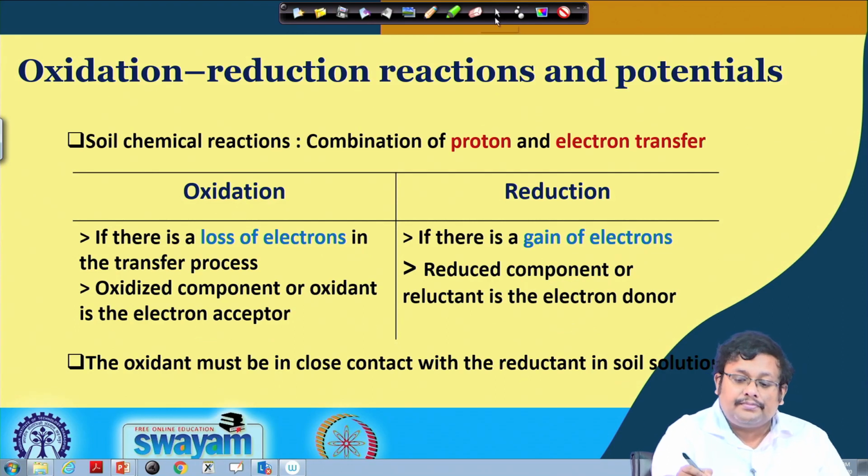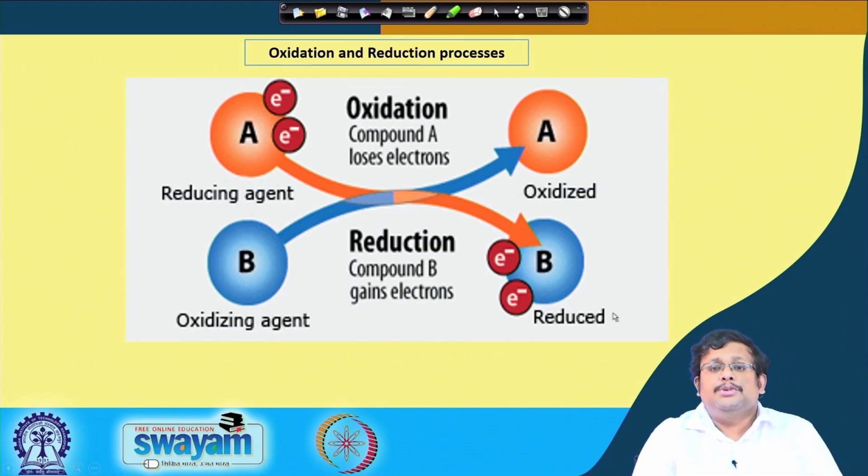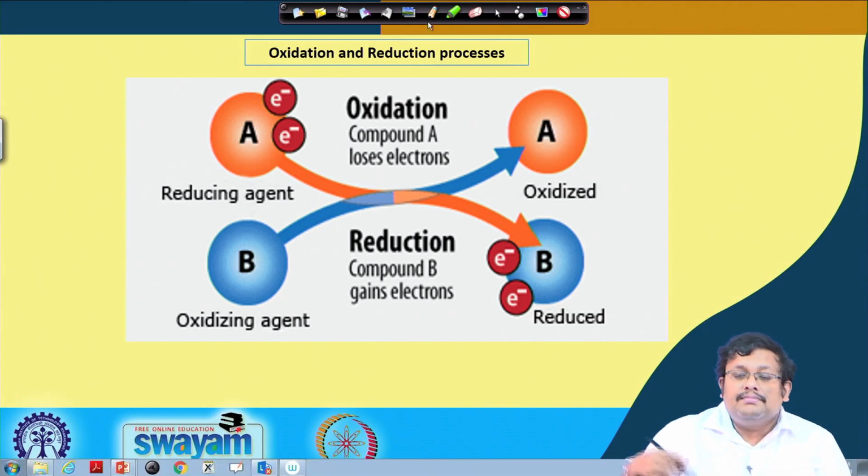So, this basically shows the gist of what is oxidation and reduction. Here you can see this is a reducing agent which is A, and B is an oxidizing agent. So, B basically oxidizes the reducing agent, and the reducing agent basically reduces the oxidizing agent.